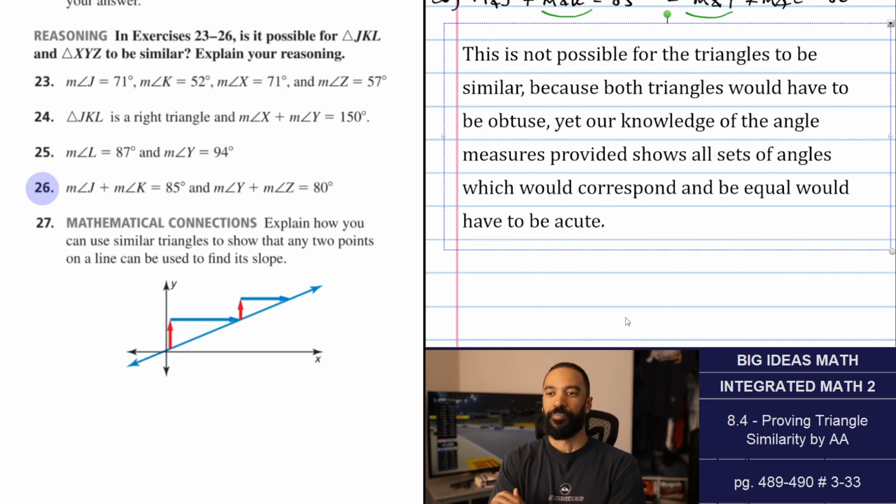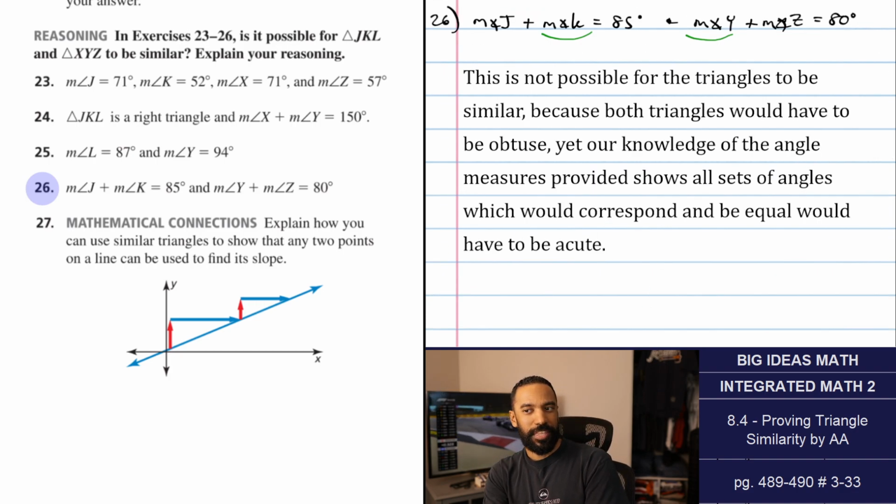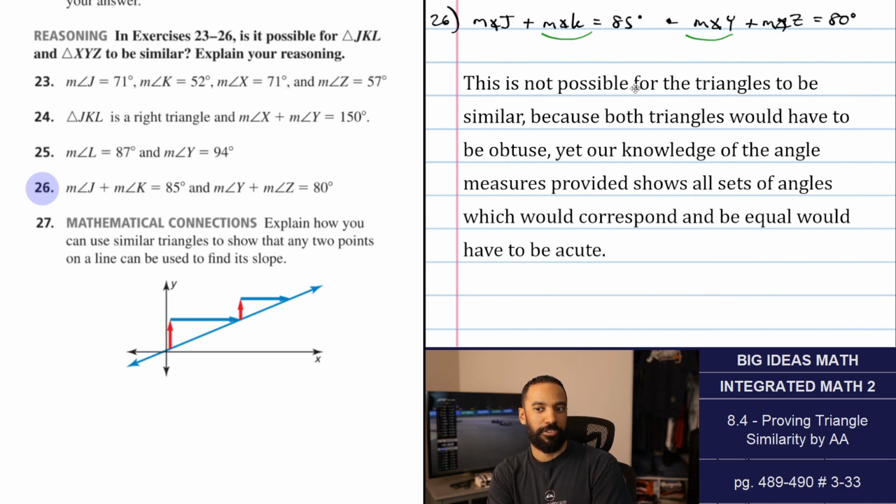It's one of those indirect proof kinds of things, like, oh, well, let's assume that they are similar. If they're similar, then these would have to all be acute, yet in these triangles, we'd have to have an obtuse angle, therefore it wouldn't really work out. That's where I'm drawing the connection.